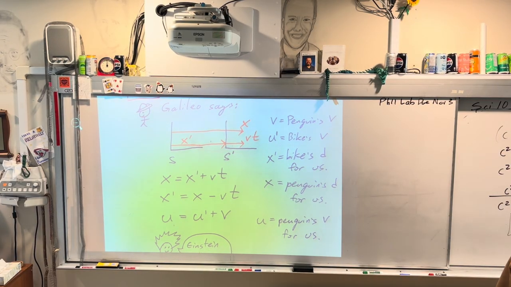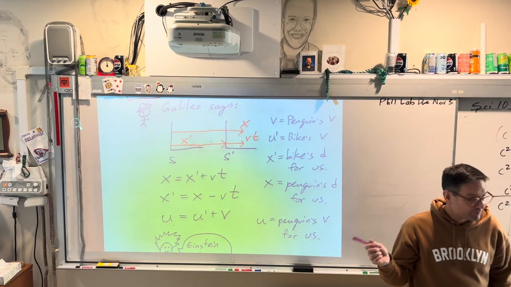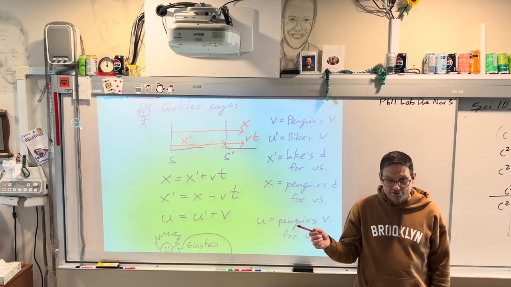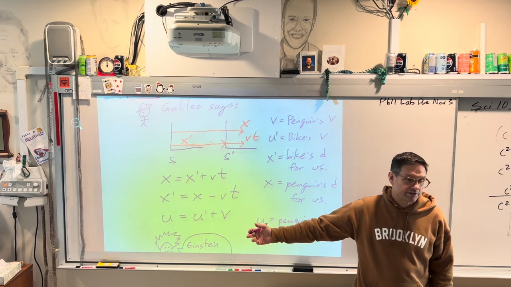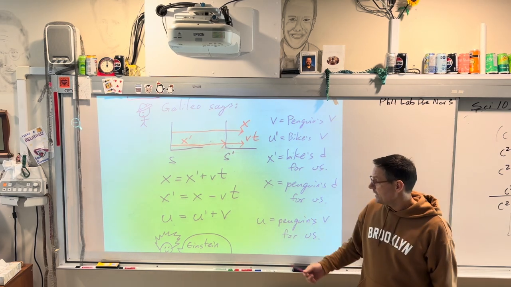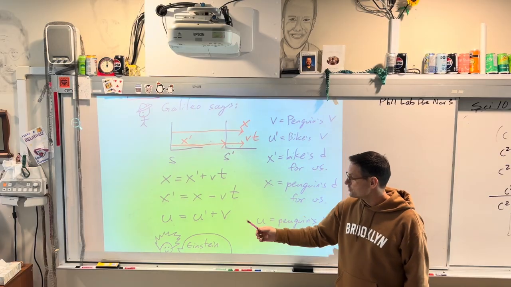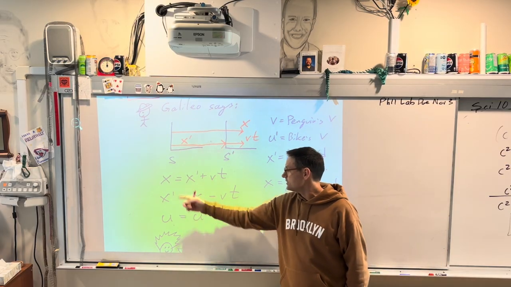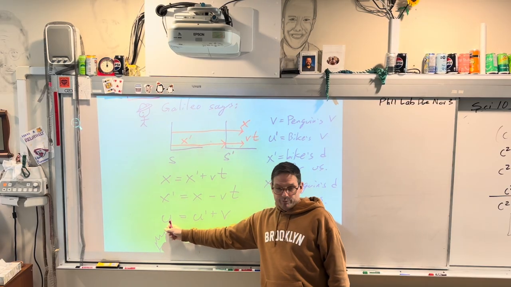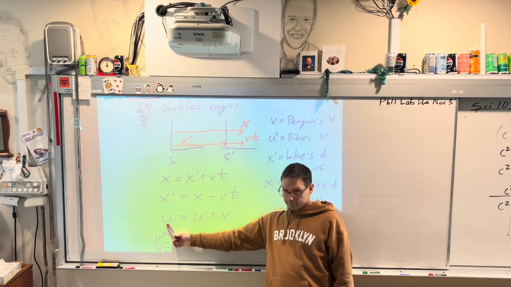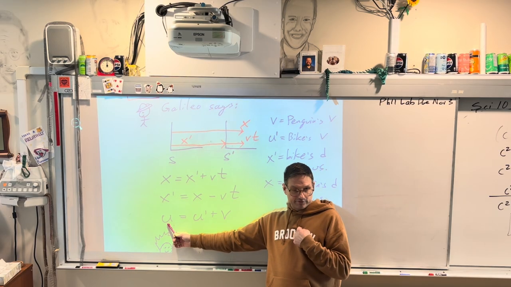It's important to understand that from Galileo's perspective in the 1600s, our time and Arsha's time are the same. It's all the same time. And these things are true. So if you just subtract vt, you get this one. This is the speed of the penguin that we see.